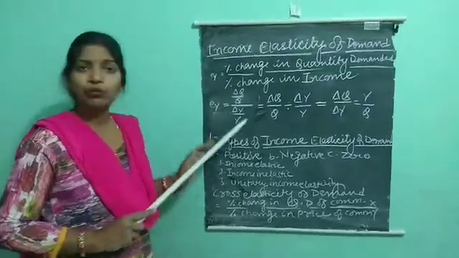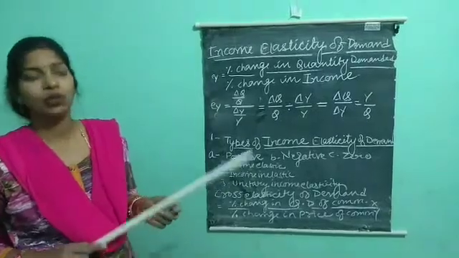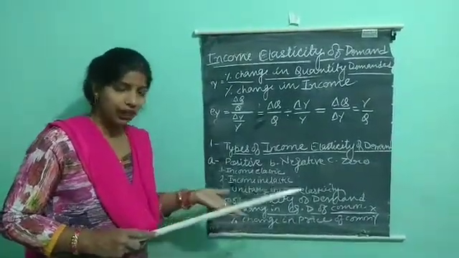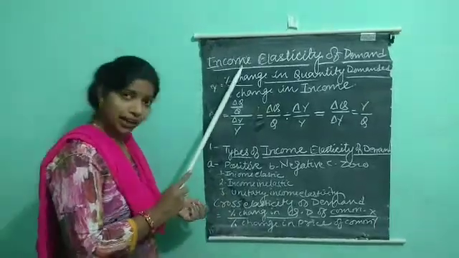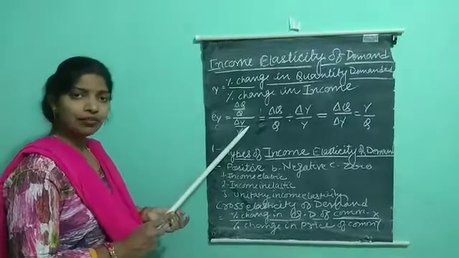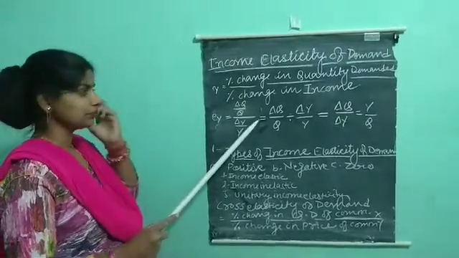We have done this type of formula in price elasticity also. In the place of Y, we wrote price. Now, because we are doing income, I have written Y. Change in income upon initial income.